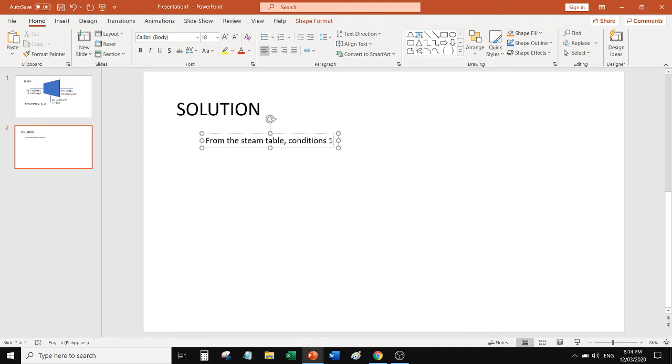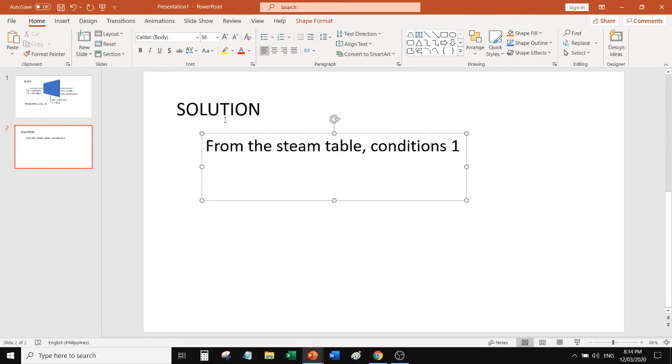Since P1 and T1 are both given, most probably it is superheated, but always check. So this is from the superheated properties: pressure equal to 2,100 kilopascals and temperature 500 degrees Celsius.